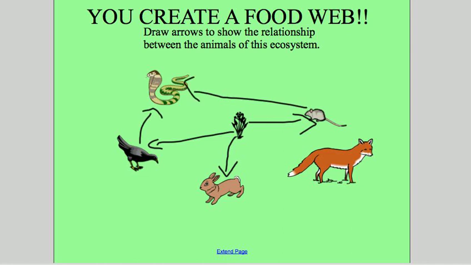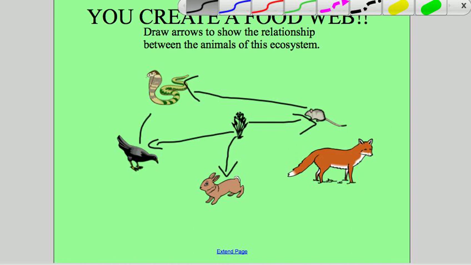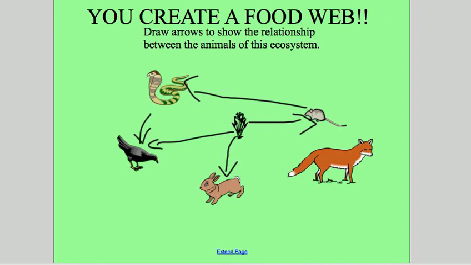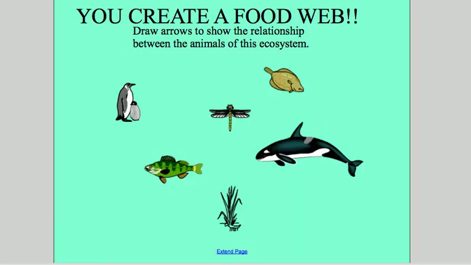This needs to go the other way around. Here's another food web.